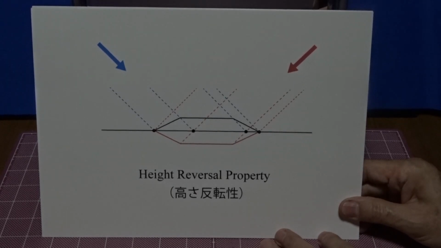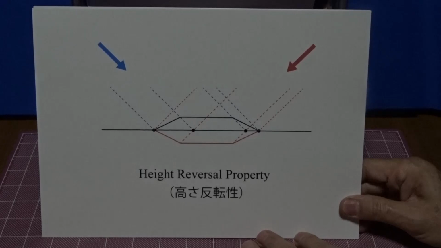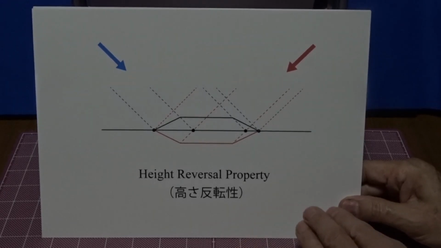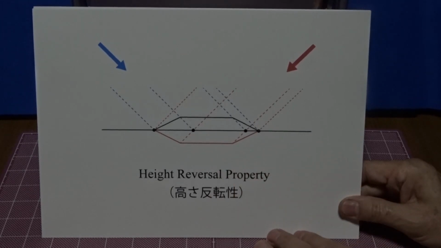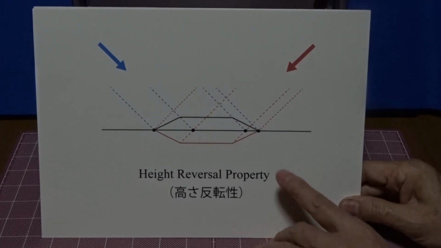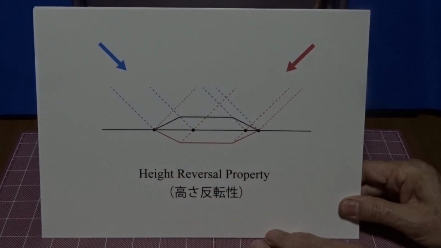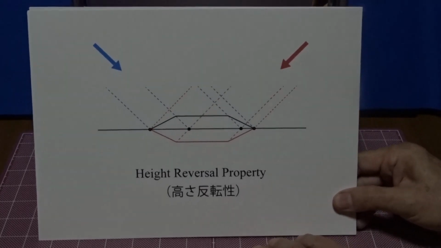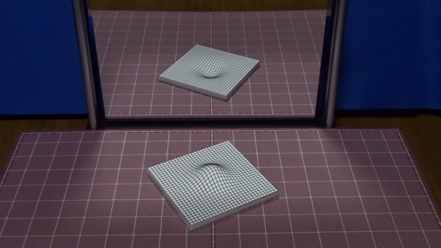But if all the surface is visible and there's no occlusion, this height reversing property happens for any surface. This is a very general theory. And this is a basic mathematical background from which we can perceive this kind of height reversing visual phenomenon.